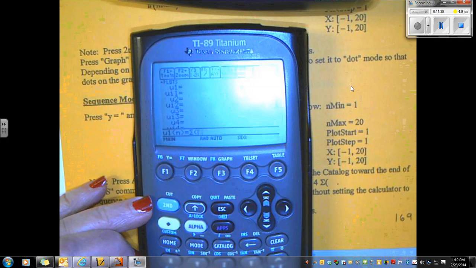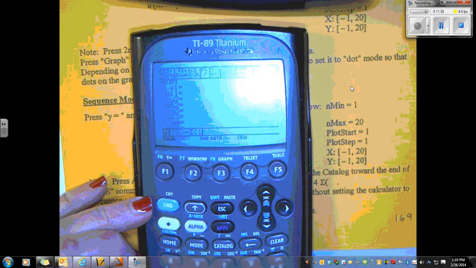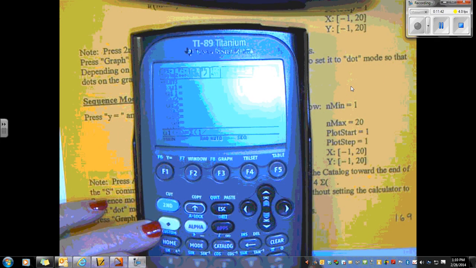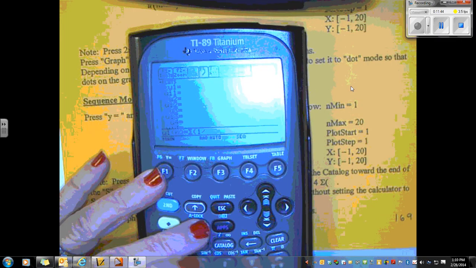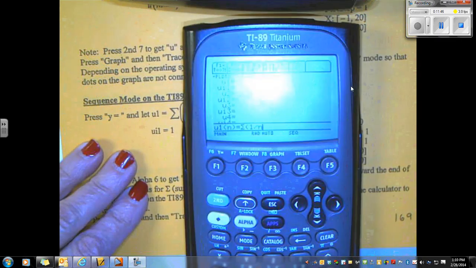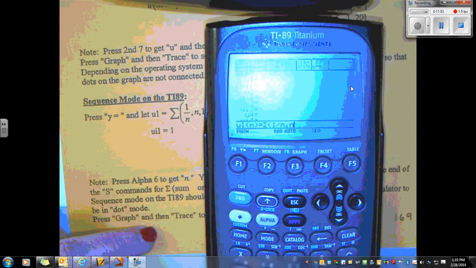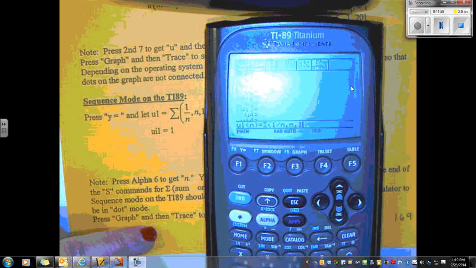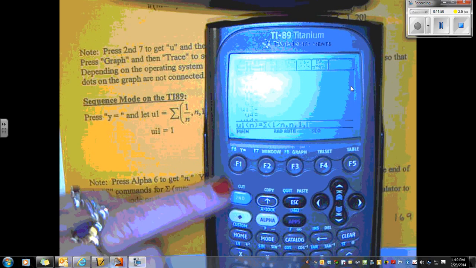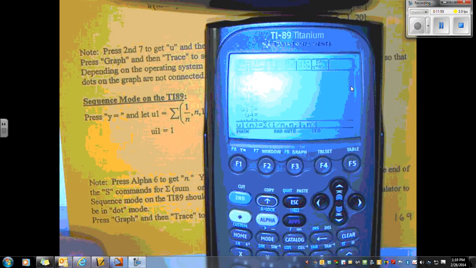Now, we want 1 divided by, where is n? Alpha 6. We have to use that. Comma, alpha 6, comma 1, comma, alpha 6, parentheses. Now, what are we trying to do?